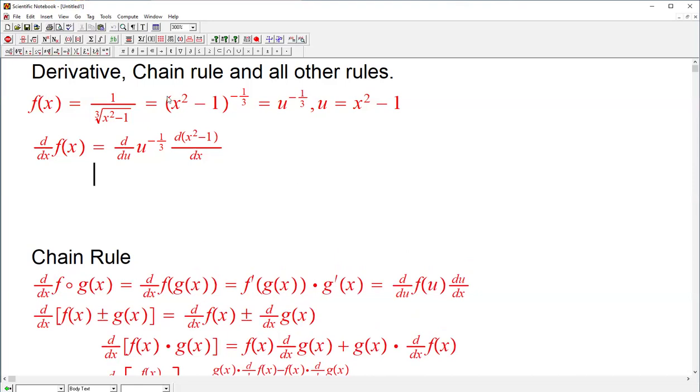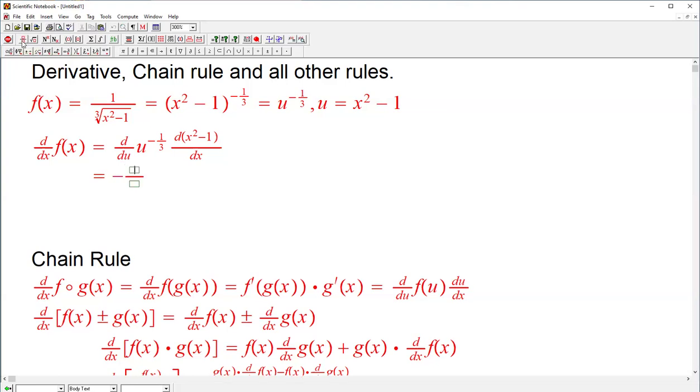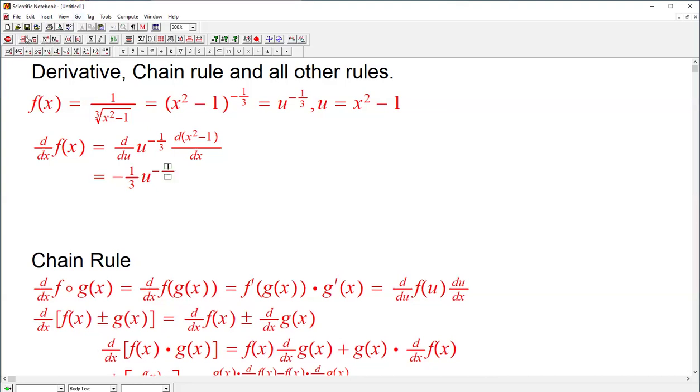Now, what's the derivative of u raised to the power negative 1/3 with respect to u? We're going to apply the power rule. So we're going to have negative 1/3 times u raised to the power of negative 1/3 minus 1, and then multiply the derivative of x squared minus 1, that's going to be 2x.